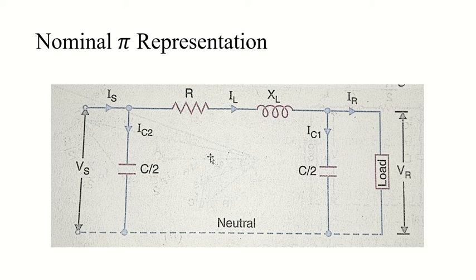This C by 2 and C by 2 collectively, let's call it C, so it represents the capacitance per phase. This is the sending end current IS, and this is my line current IL. Here we have connected a load, and the currents flowing through both capacitors are given as IC1 and IC2 respectively.